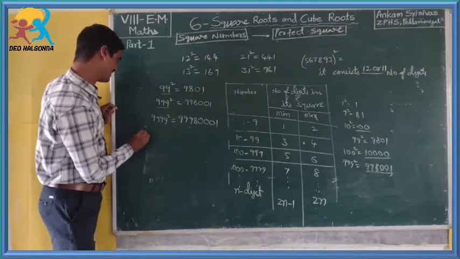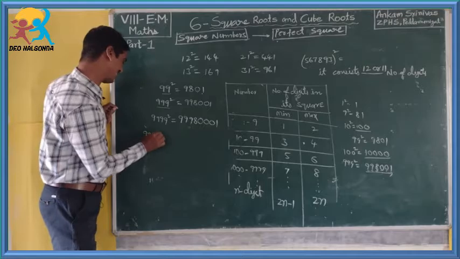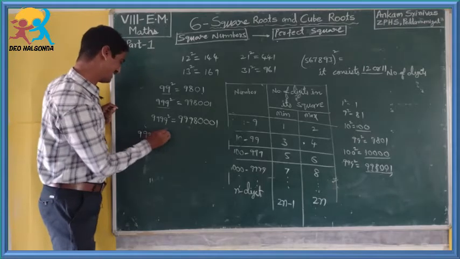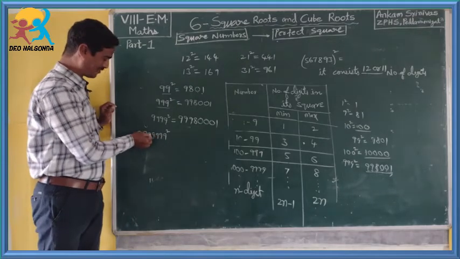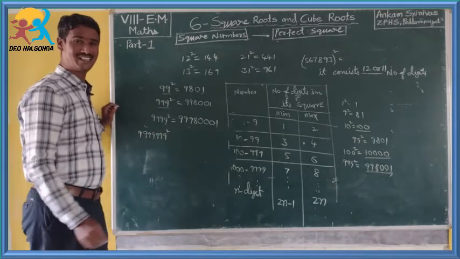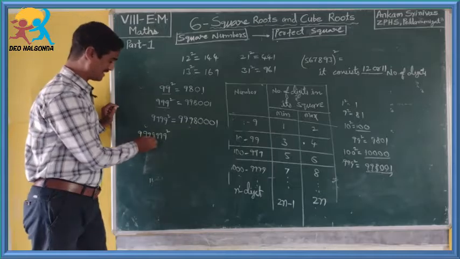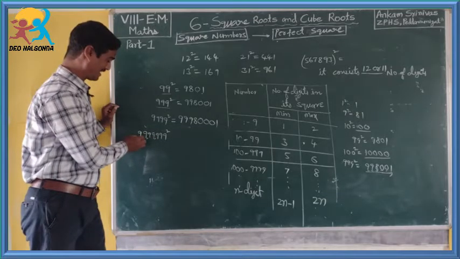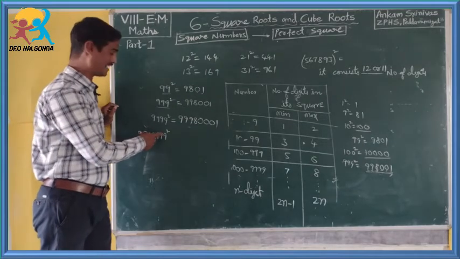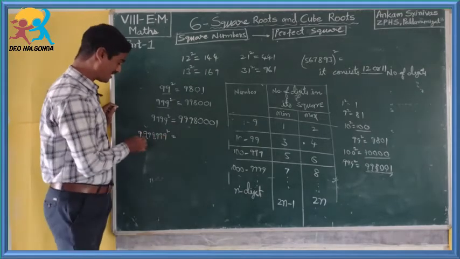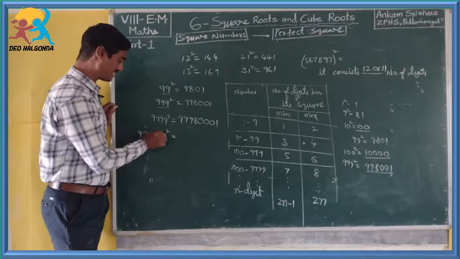Now 99999. How many digits? 1 2 3 4 5 6 7. 7 9s. That means 9999999 square equals, let's count 1 2 3 4 5 6 7.